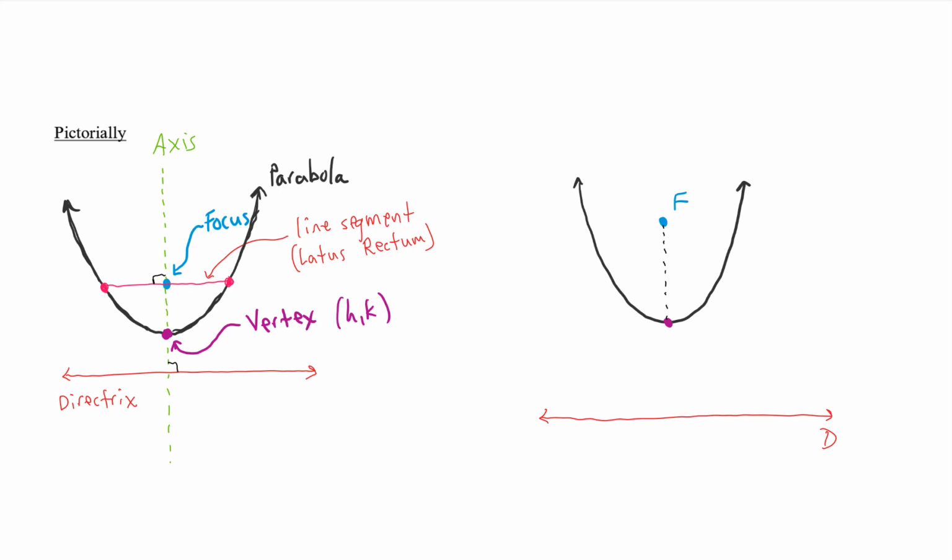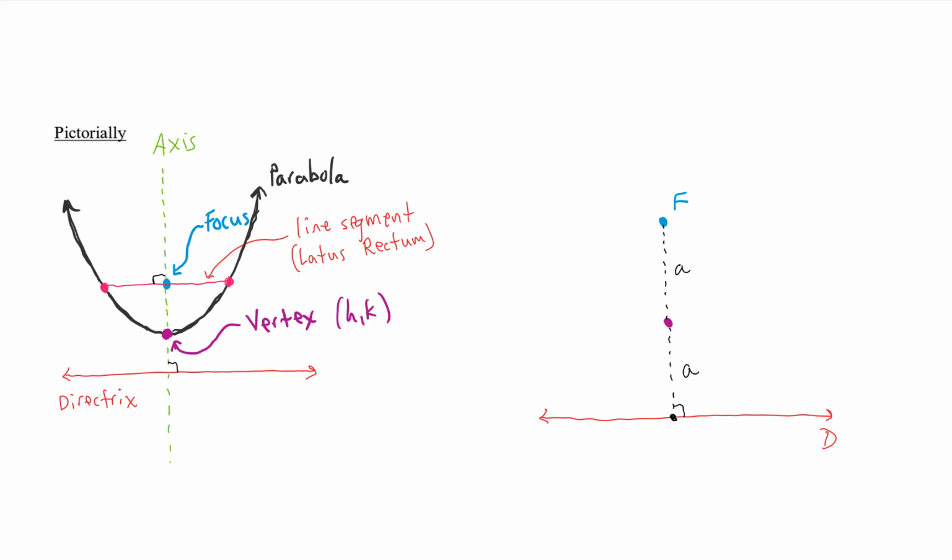That distance is A. But remember, the vertex is the midpoint of the focus and the directrix. So if I come down here, this distance is A also. So A is how far apart the vertex and directrix are, and how far apart the vertex and focus are.